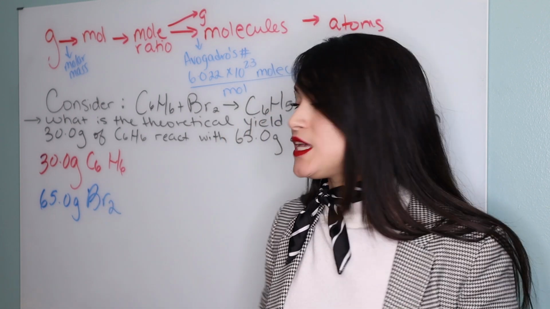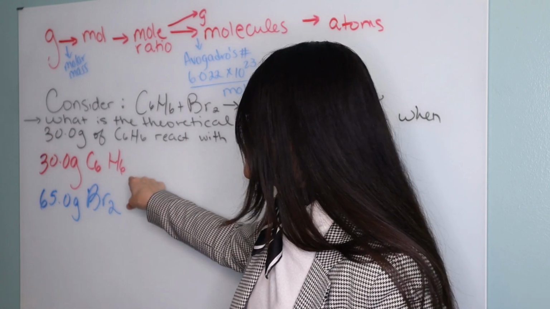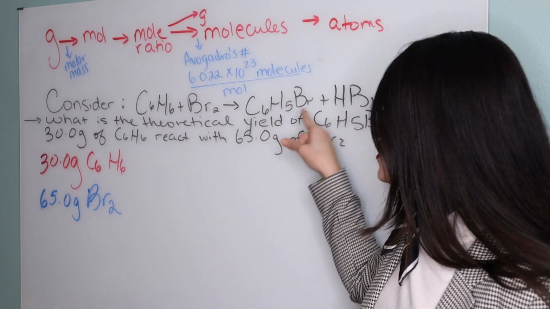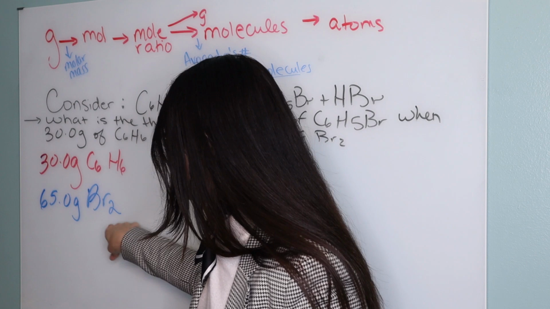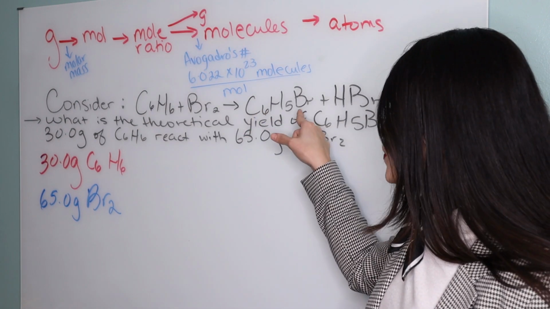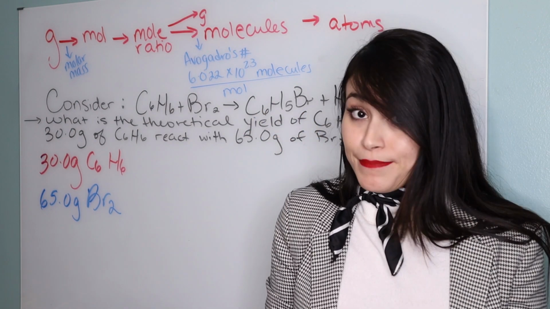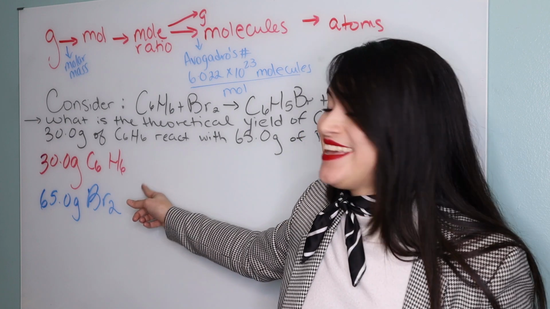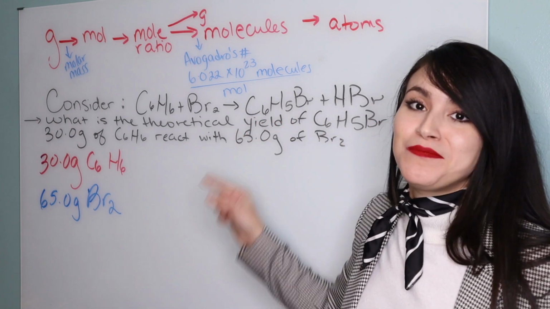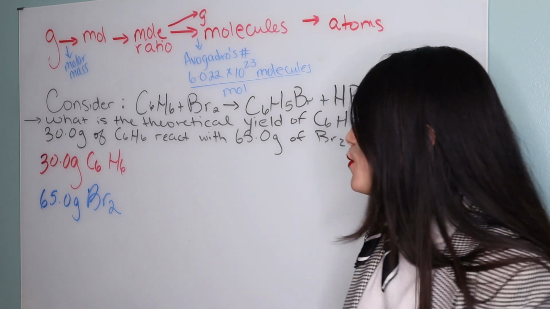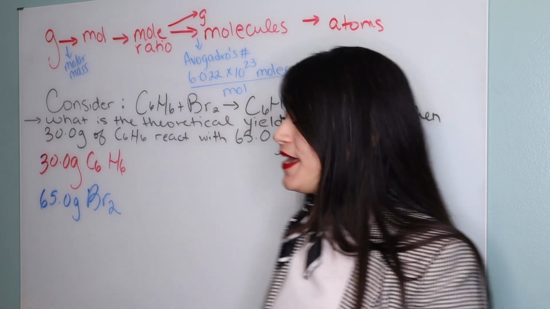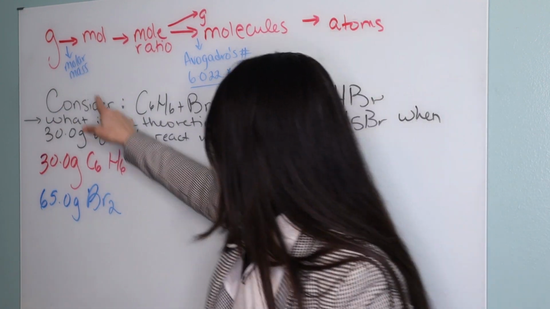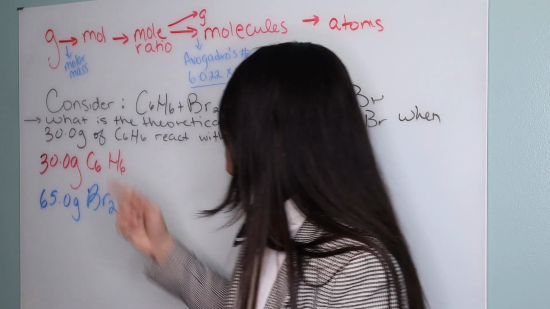So in other words, I'm going from grams of this reactant to moles of this product, and same thing, grams of this reactant to moles of the product. We're starting out with one and we're finishing out with another one. What are we going to have to use at some point? The mole ratio, okay?